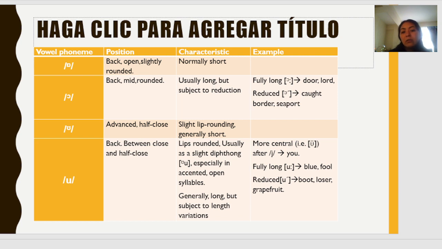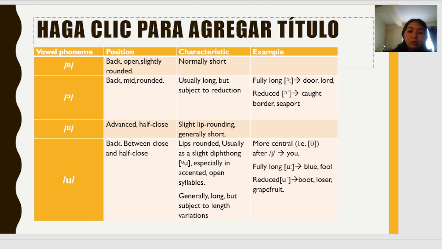The characteristic is normally short. In the next, the position is back mid rounded. Characteristic usually long but subject to reduction. For example, in fully long, we have door and lord. Reduced is cove, border, seaport.